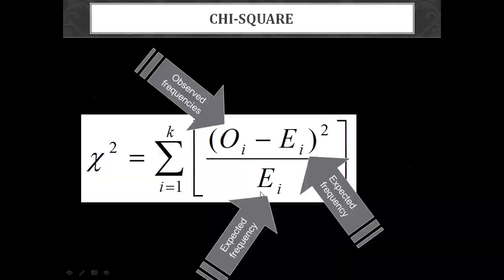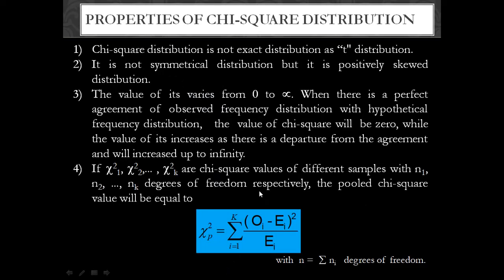Now like T and Z, this particular distribution also has certain properties. The first property is that it is not an exact distribution like the T distribution. That means its shape is not symmetrical, but it is a positively skewed distribution.